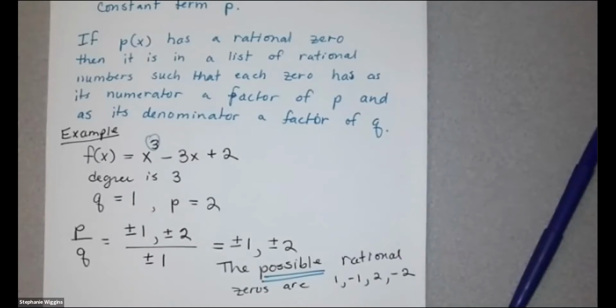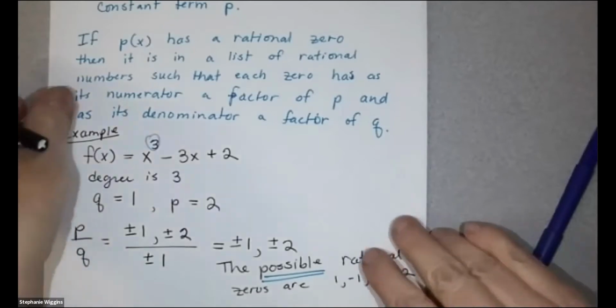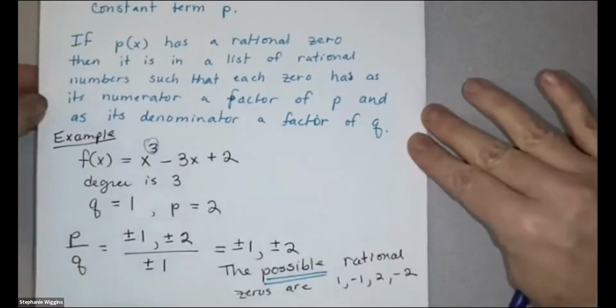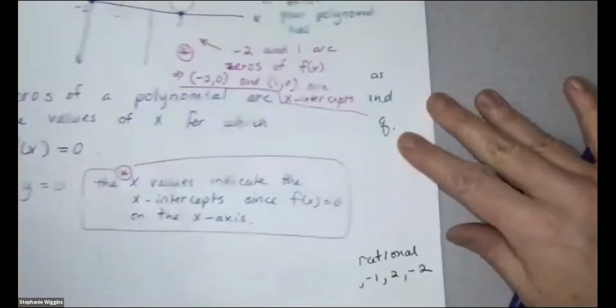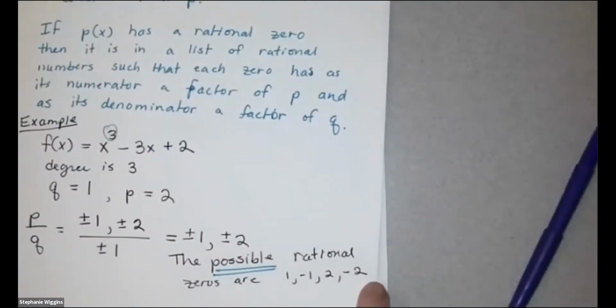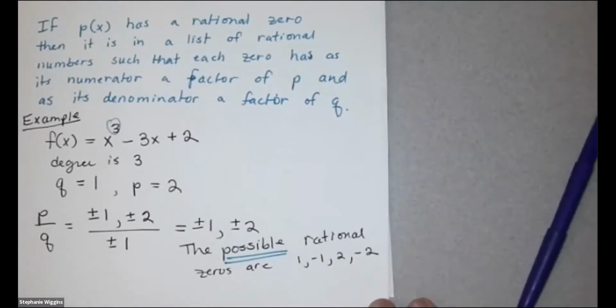Now, we already know the zeros, right? If we go back to our graph, remember we found the zeros to be negative 2 and 1. And you can see both of those are in our list, okay? But let's pretend that we didn't know that. What you would do is start systematically.